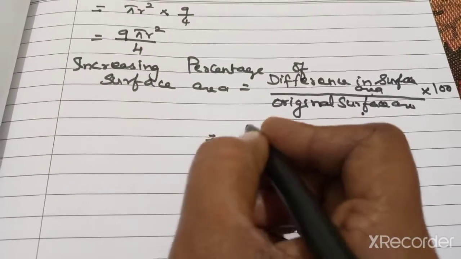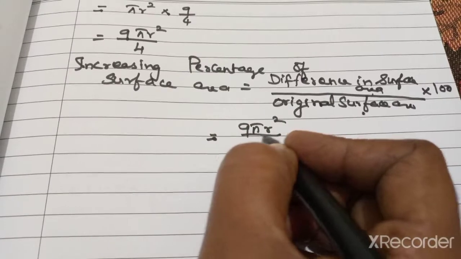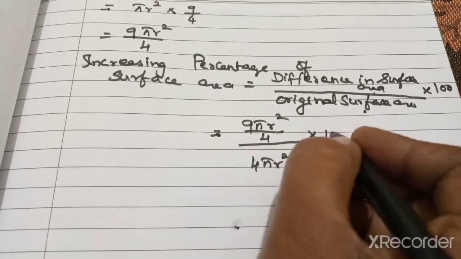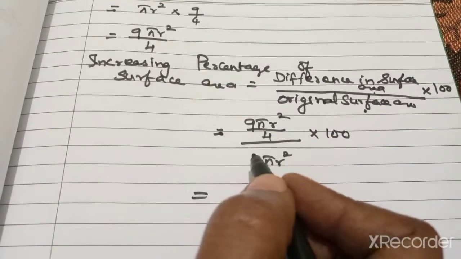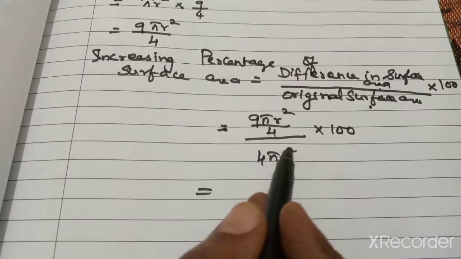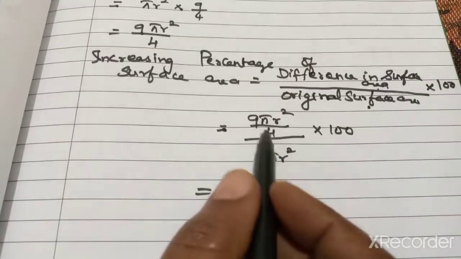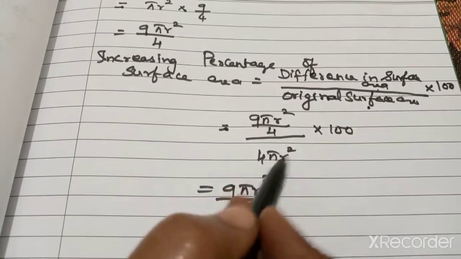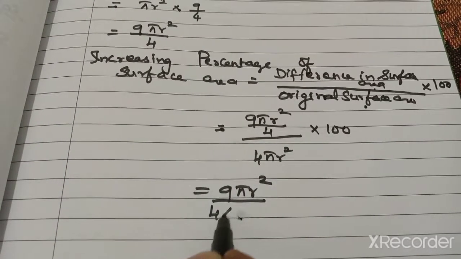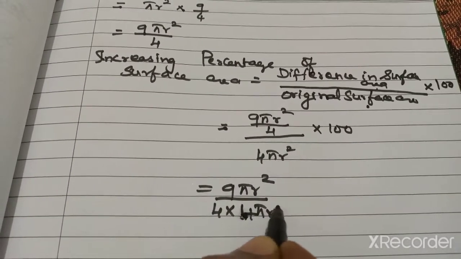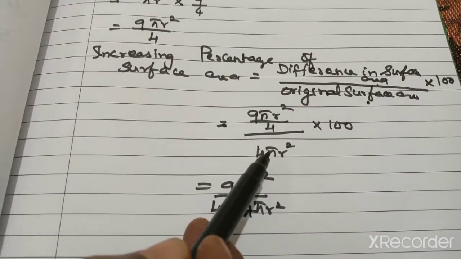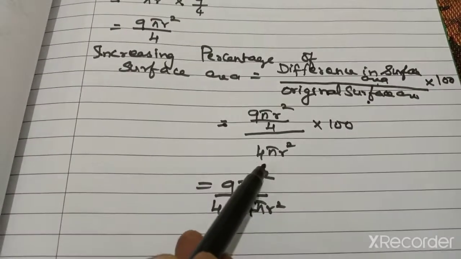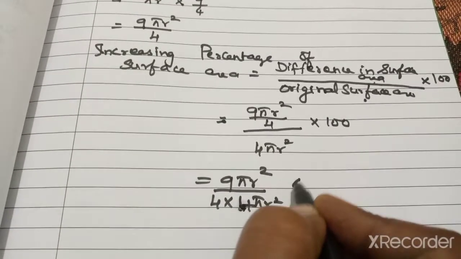What is the difference in surface area? We have 9 pi r square by 4, divided by the original surface area 4 pi r square, into 100. One more step: bring 4 pi r square to the denominator, writing it as 4 pi r square by 1. Taking the reciprocal, it will come 4 into 4 pi r square, into 100.